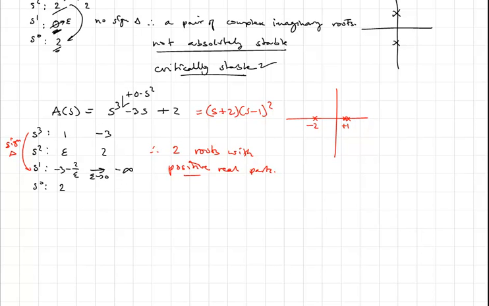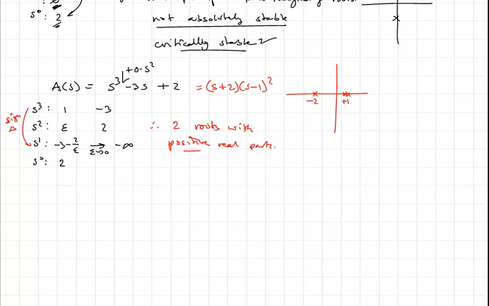Now the other special case is as follows. Let me find the example. So let's suppose we have A of s equal to s^5 plus 2s^4 plus 24s^3 plus 48s^2 minus 25s minus 50.